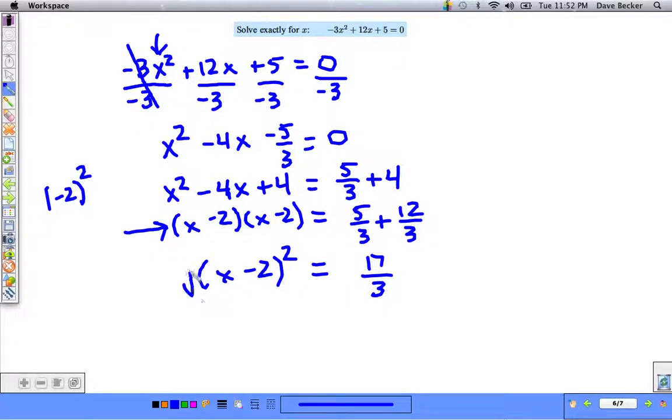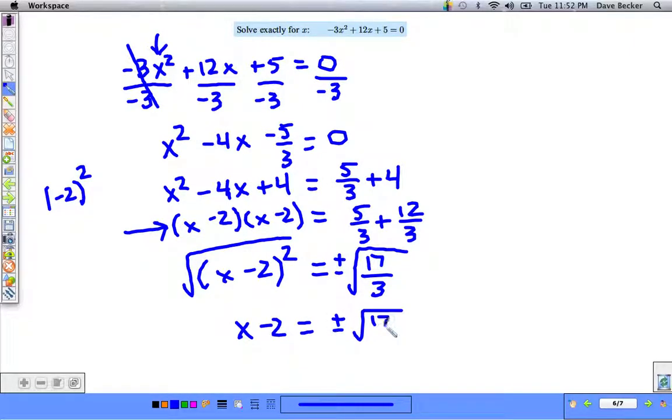If I take the square root of both sides, then plus or minus. Then we have x minus 2 equals plus or minus root 17 over 3. And I get x equals 2 plus or minus square root 17/3.